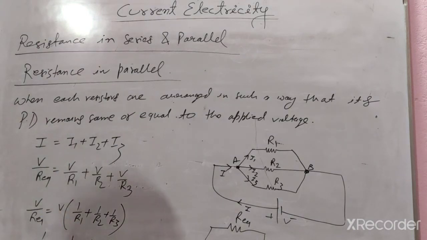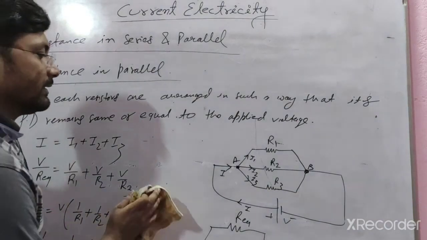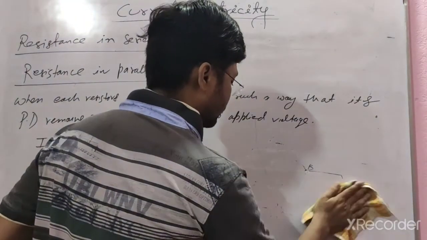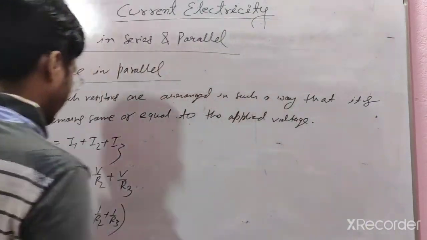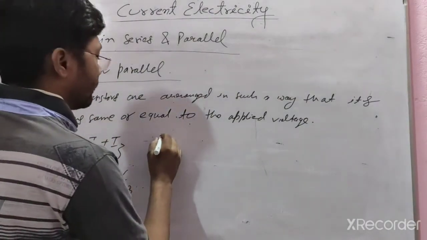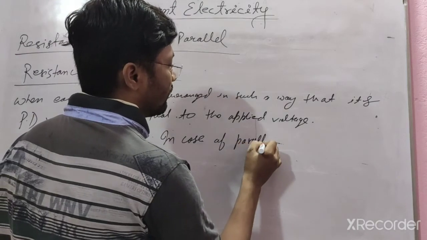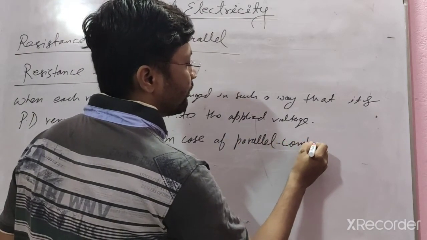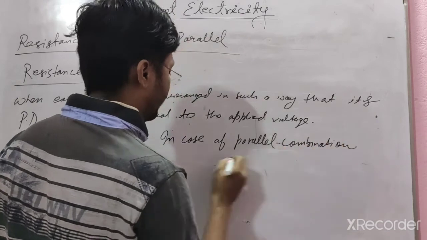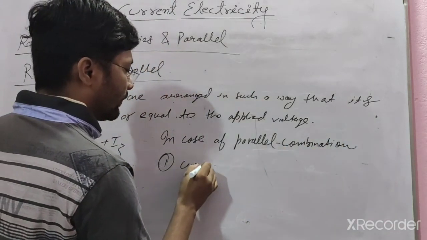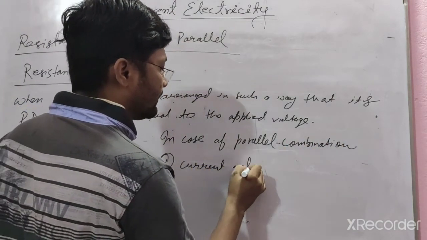So in case of parallel combination, current gets distributed.